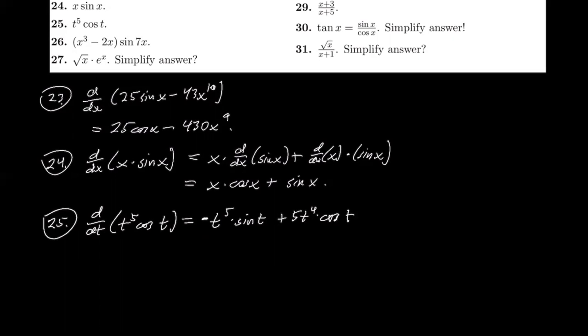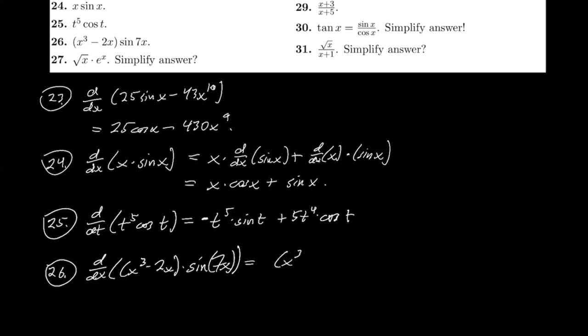26, again, very similar. I'm just going to blitz through these. I guess this is a little more complicated because of the 7x inside the sine function. So it's the first, x cubed minus 2x, times the derivative of sine of 7x.